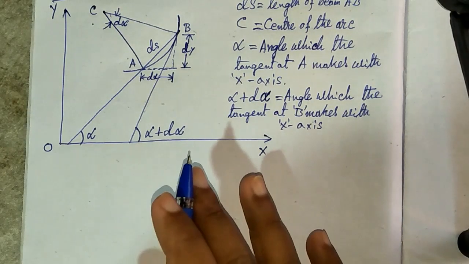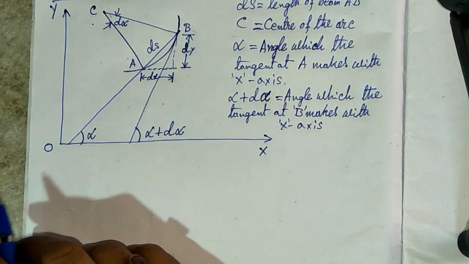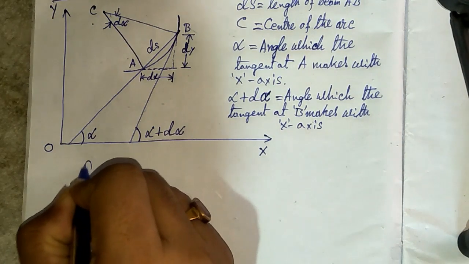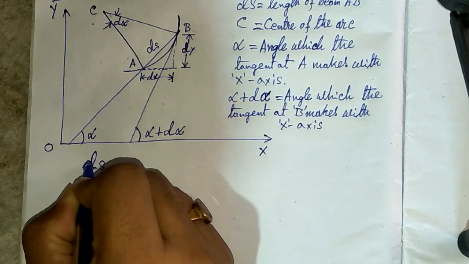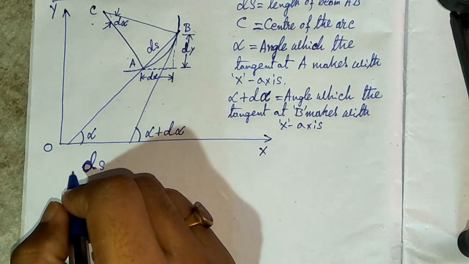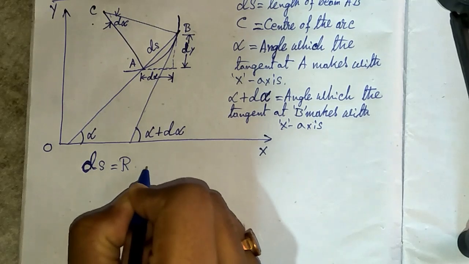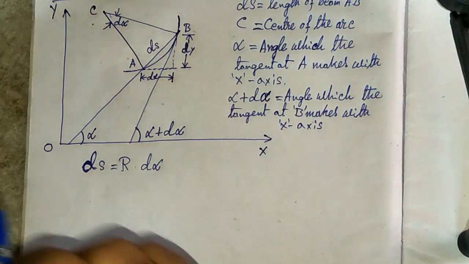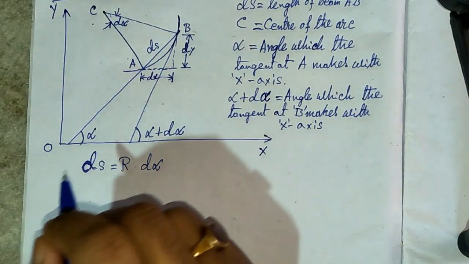So from this geometry, we can write ds is equal to R into d alpha. R is the radius of curvature.